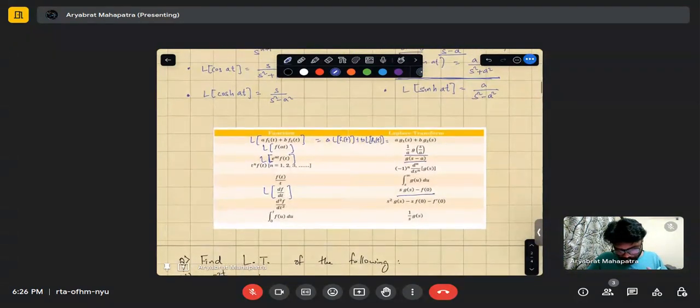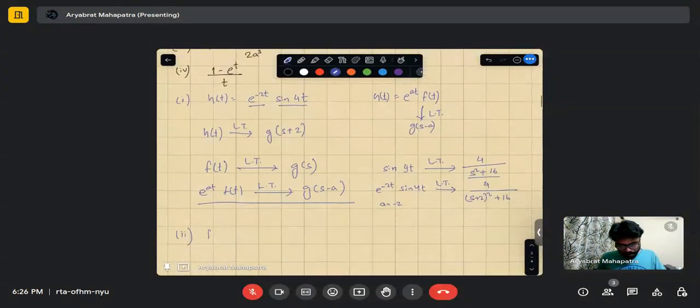So this one, you can see property number four. Property four tells that when a factor of t to the power n is multiplied with your f of t, then your final result would be something like this.